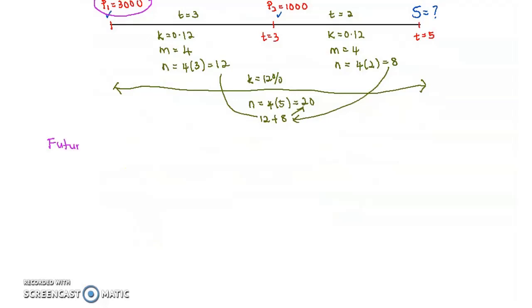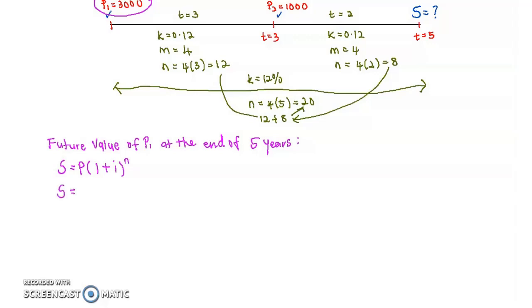Future value or future amount of P1, at the end of 5 years. So S equal to P times (1 plus I) power of n. So P is 3000. 1 plus I. Okay, how about I?